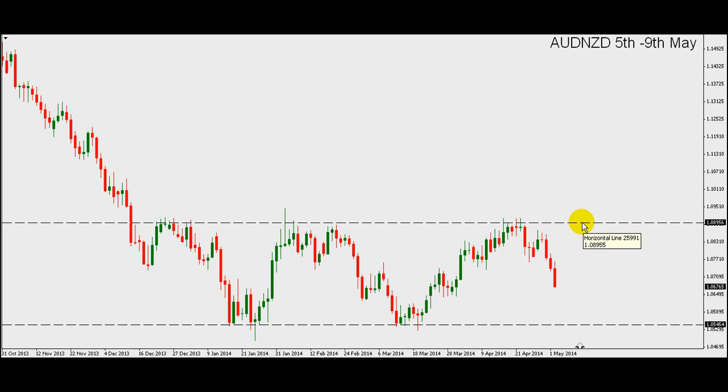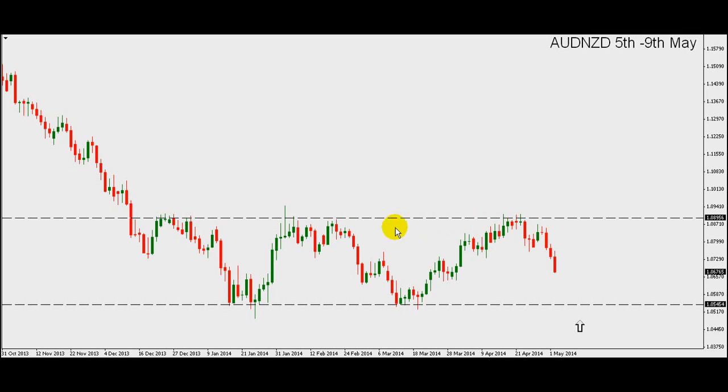And for short positions, you've got the 1.0895. So some quite nice locations here for trades, because it looks like it's moving in a range. So if we can get it at one of these levels, that will be really great, because there's a massive upside or downside potential out of either one of those.